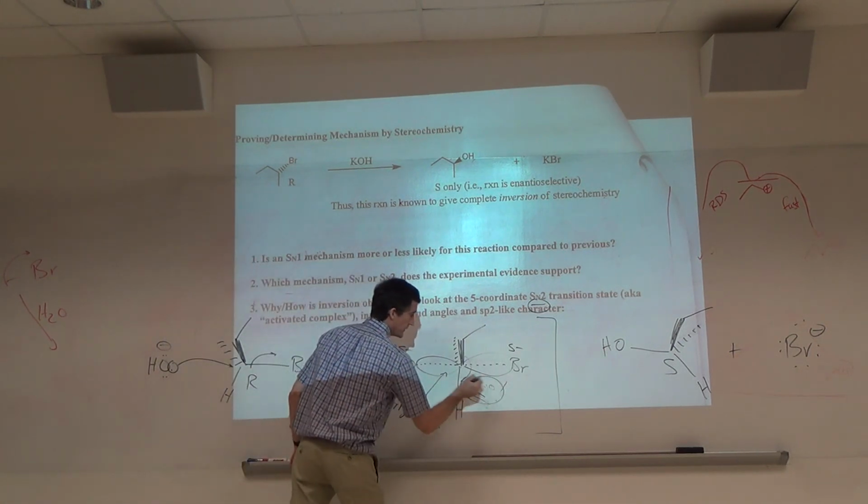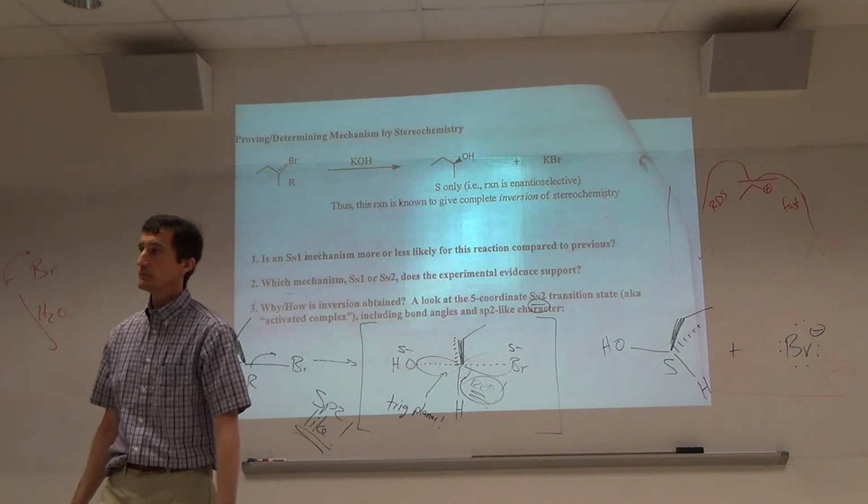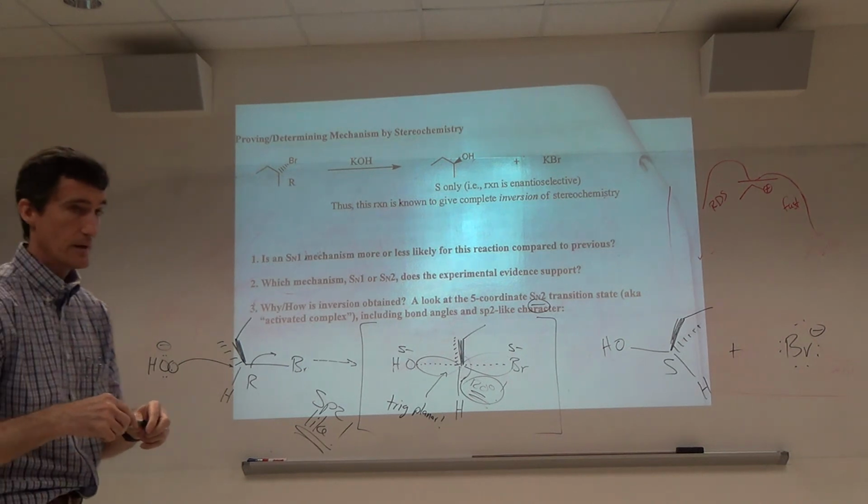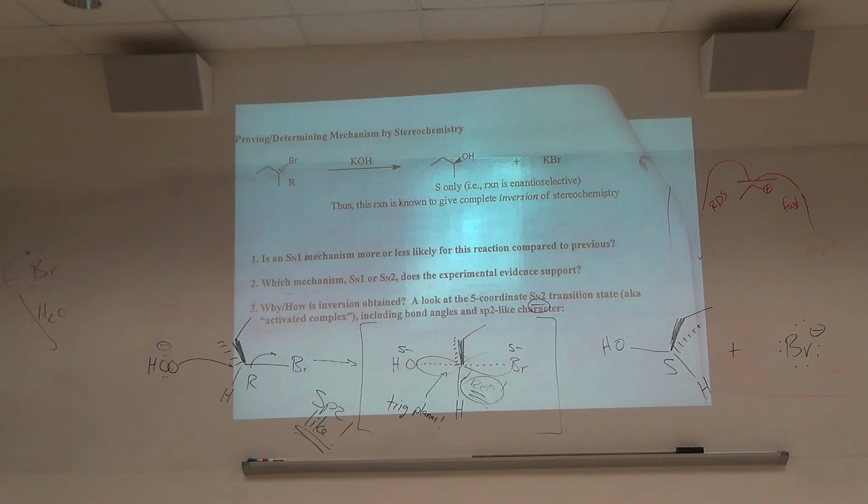Bond angles are important. What bond angles have to be achieved in the transition state? 120. What if the molecule can't achieve 120? So I have a tough time doing this mechanism. There's a couple of questions in the workbook about that. Remember your transition state? That's how the inversion takes place.